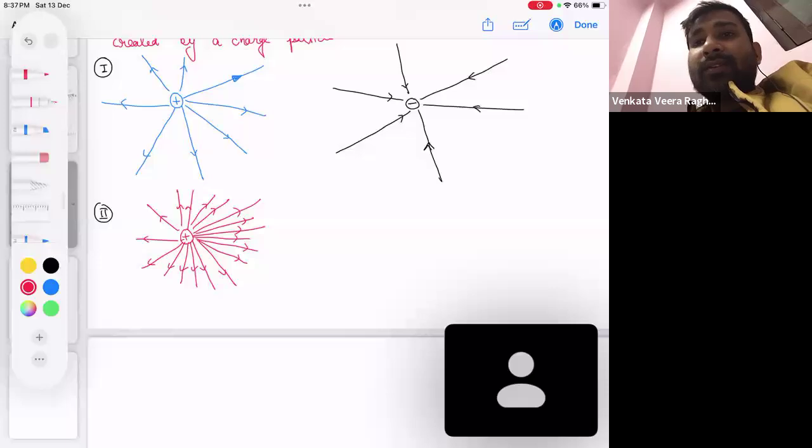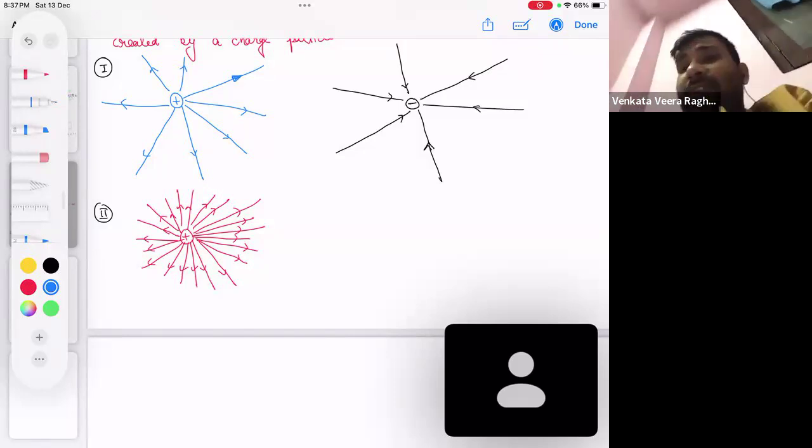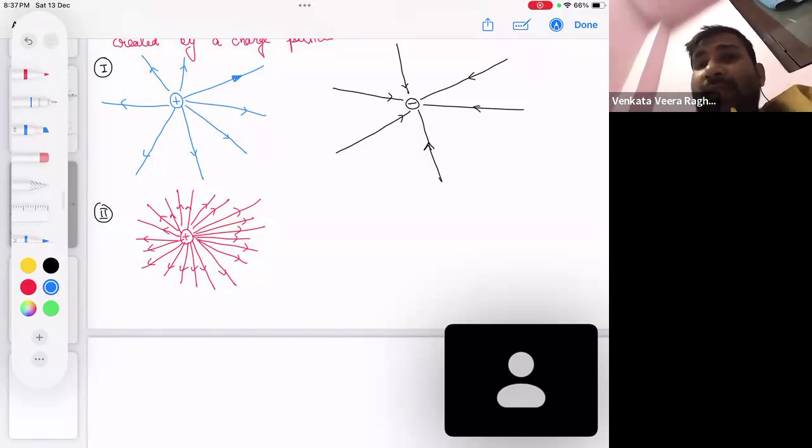I am going to imagine two areas of the same magnitude. Let's say without field lines, I'm going to give you two points. Let me call this point 1, and let me call this point 2.